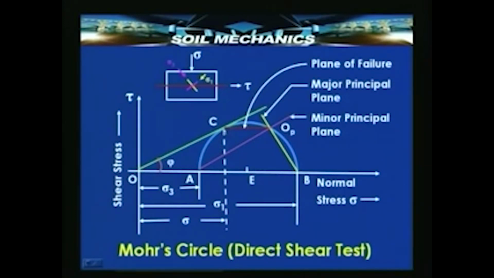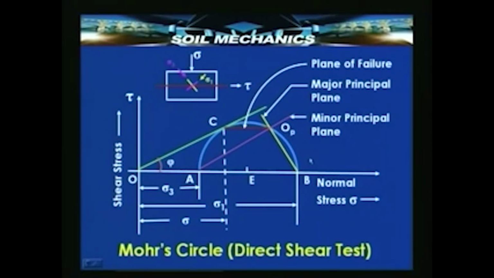Therefore, this point C is a point on a plane which should be parallel to this failure plane and must intersect the Mohr circle at the pole. So, if you take point C and draw a line parallel to the known failure plane at C, then it intersects the Mohr circle at the point OP, which now becomes the pole.